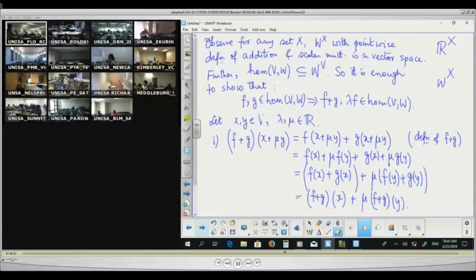Clear? F plus G is a linear transformation. Okay. See, so very simple. We use nothing but the basic axioms.